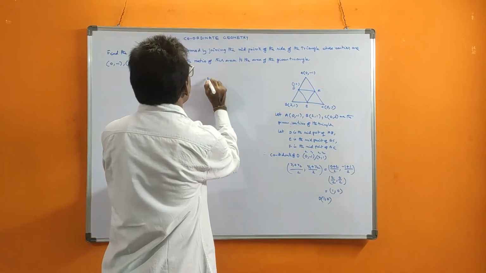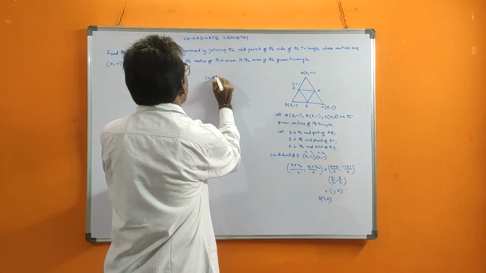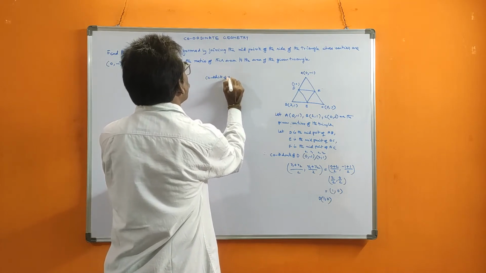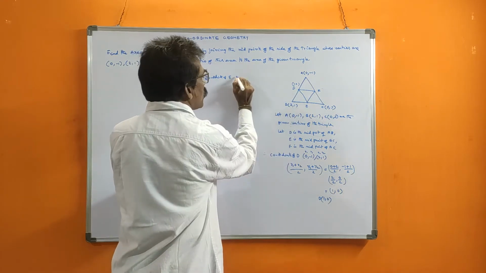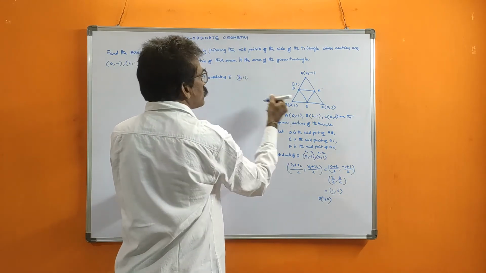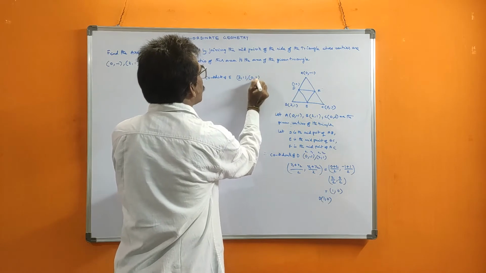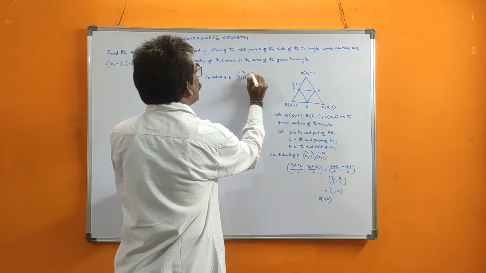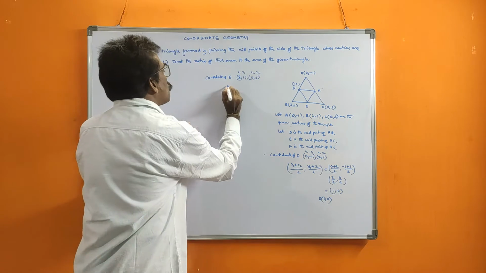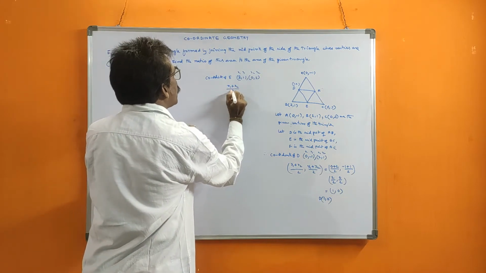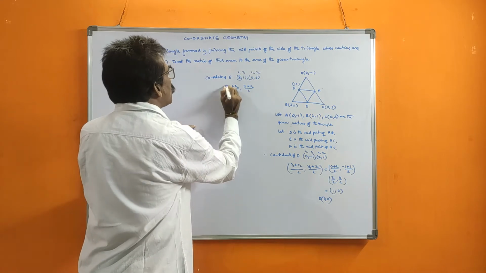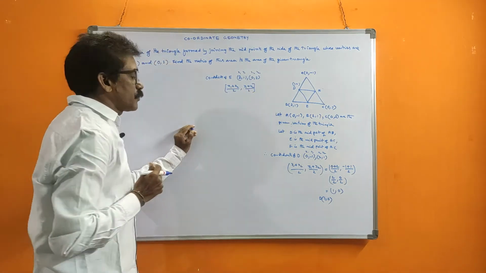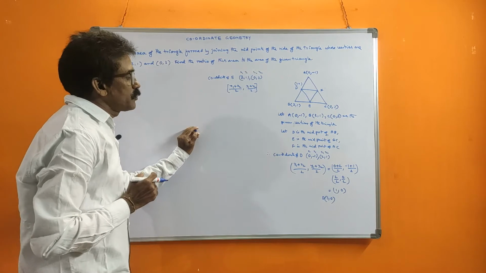Coordinates of E. Coordinates of E means the midpoint of BC, that points (2, 1) and (0, 3), x1, y1, x2, y2. The point is ((x1 + x2)/2, (y1 + y2)/2).